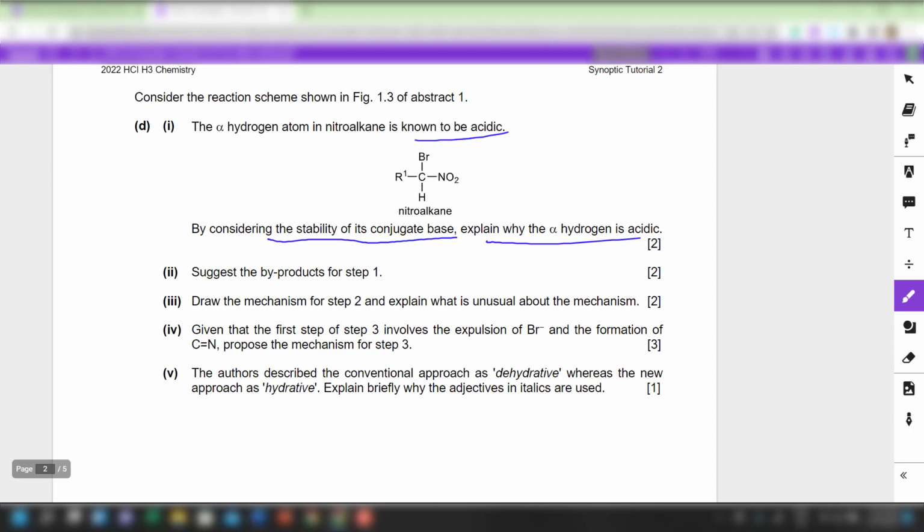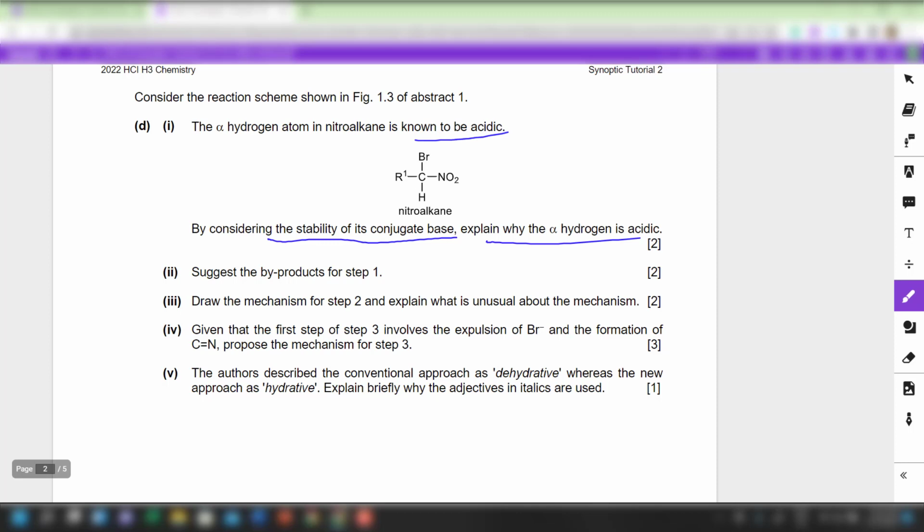This is the normal kind of phrasing which we incorporate in a question where we require the students to explain using resonance structures. The best way to explain the answer to this kind of question is via resonance structures, the reason being the question asks you to consider the stability of the conjugate base.